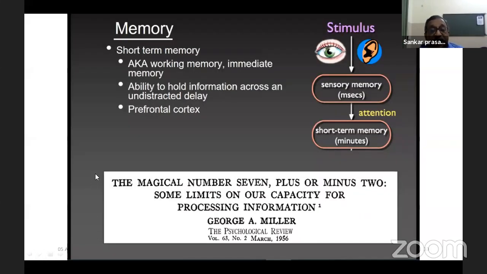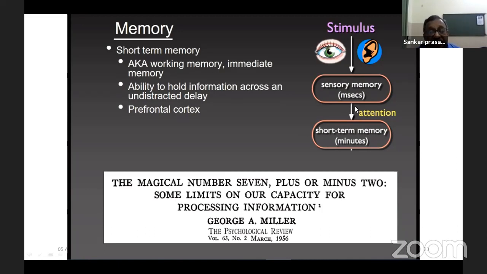As far as memory is concerned, the auditory and visual stimuli enter our bodies as input. There is sensory memory, which lasts milliseconds, and it is captured by the brain if your attention is intact, that means the ability to hold the information across an undistracted delay.